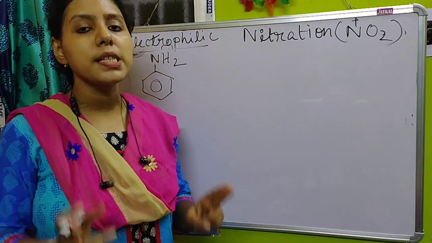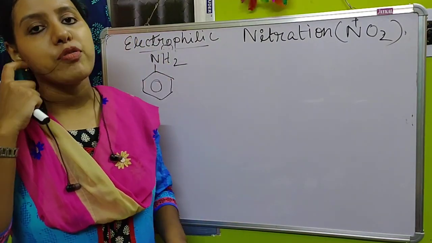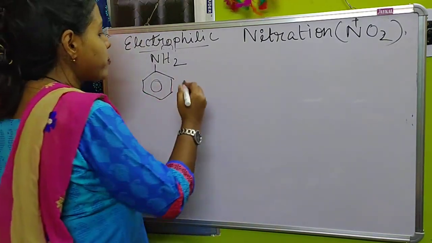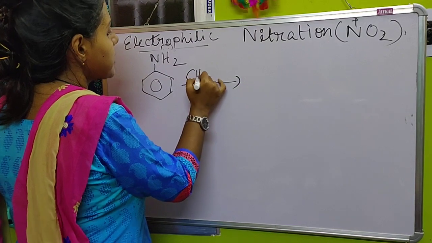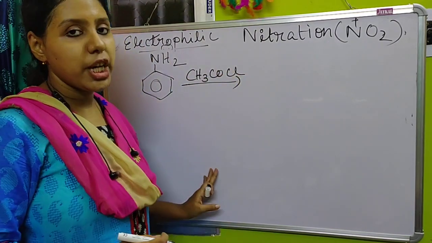So for this purpose, first we have to lock this NH2 group and then add the concentrated acid. For the locking purpose, you have to add CH3COCl. That means an acetylation reaction.